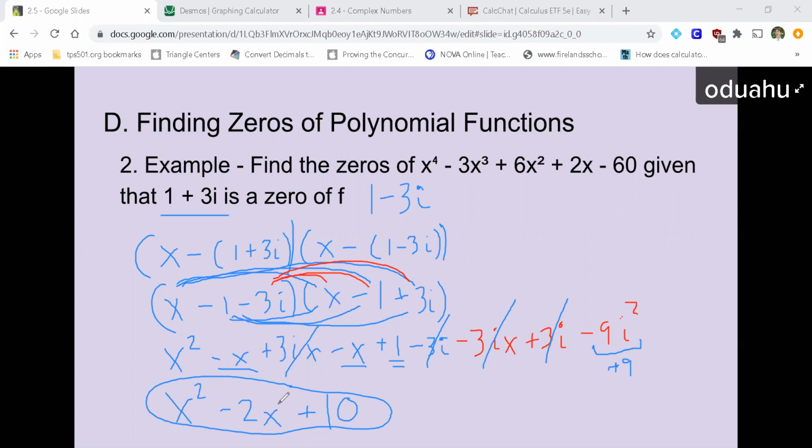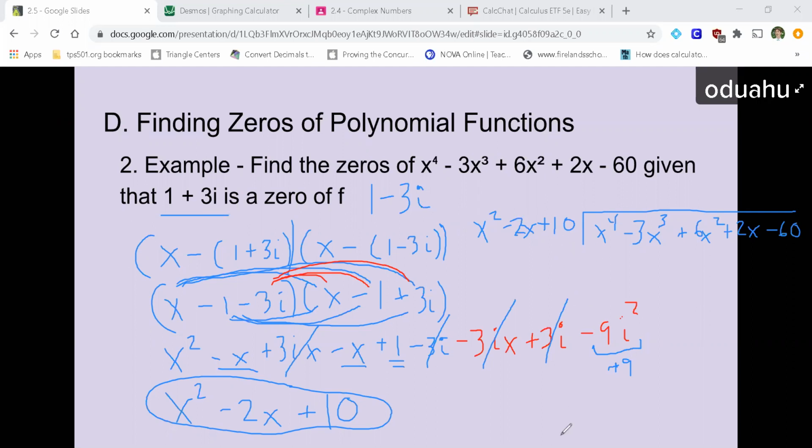So I would do x squared minus 2x plus 10 and divide that, or take negative x to the fourth minus x cubed plus 6x squared plus 2x minus 60 and divide that by the factor I got from my complex solutions.